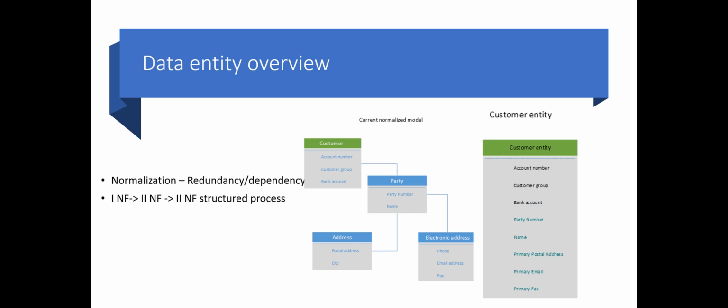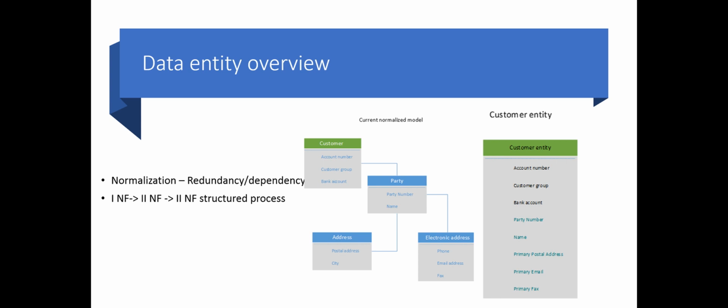The main goal of normalization is to reduce redundancy and dependency. The goal is to have a smaller database and faster, so better performance. There is first normal form, second, third. It's a structured process, and at the end you will have separate tables and the data will not be redundant.